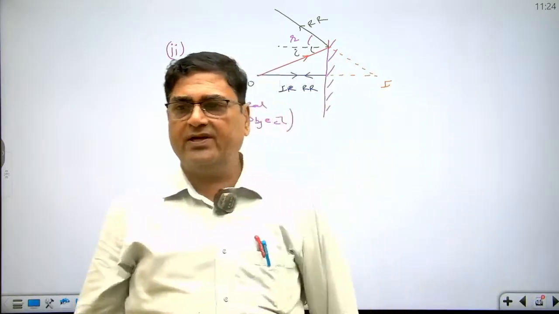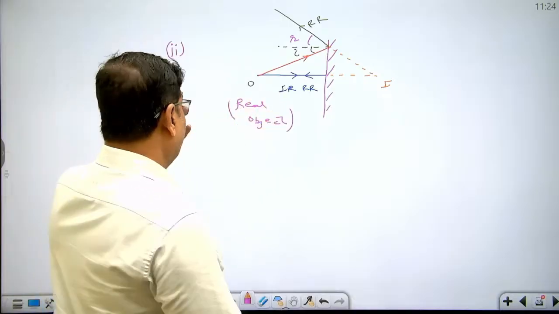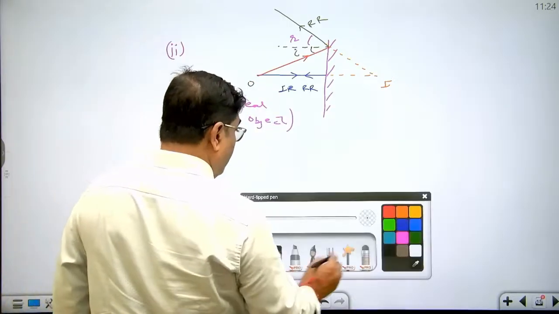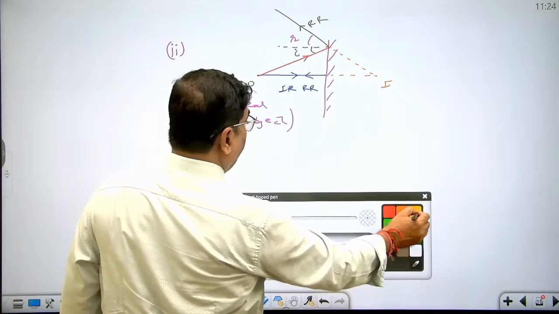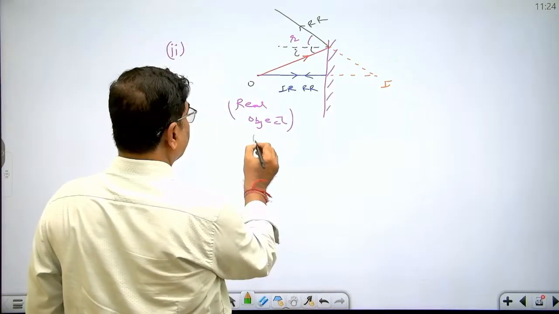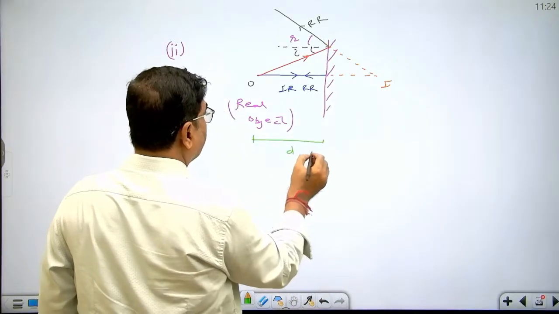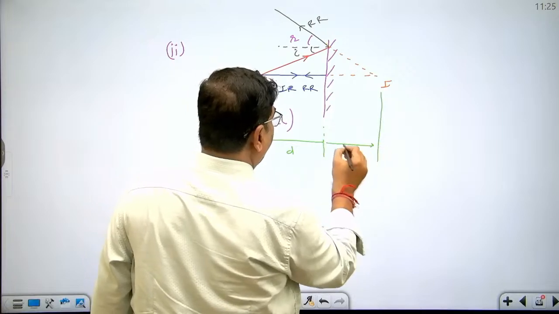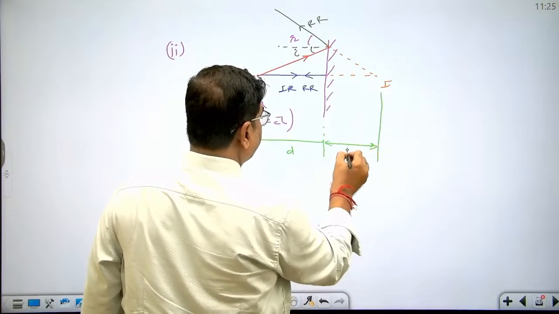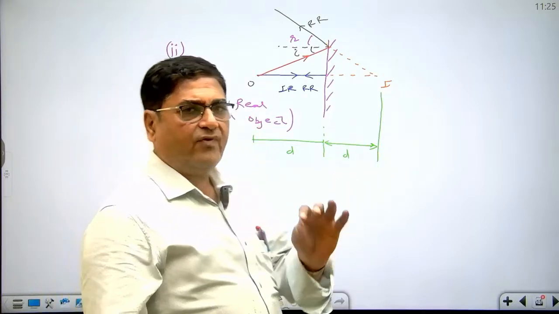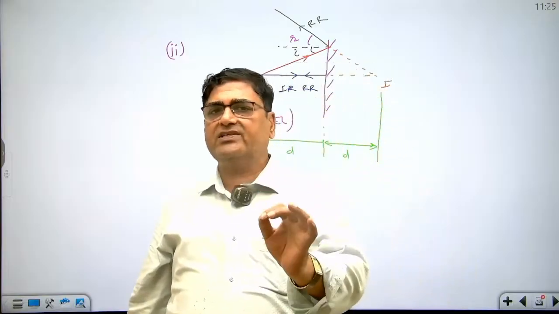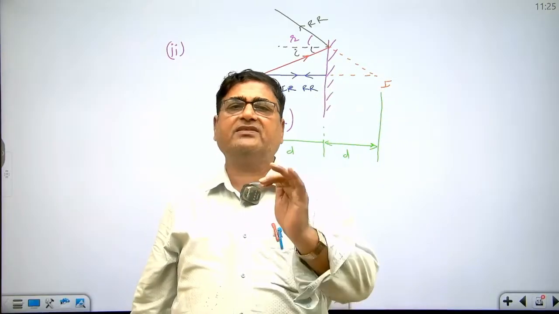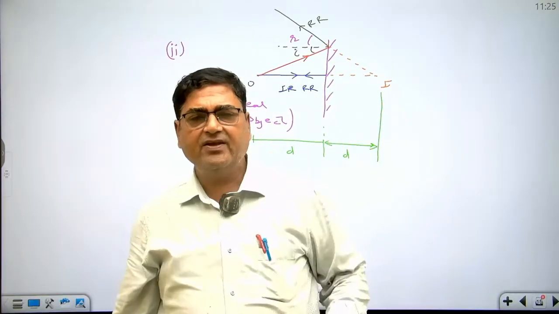And one more important thing is that for a plane mirror, suppose this is D, whatever is the perpendicular distance of object from mirror, same is the perpendicular distance of image from the mirror.